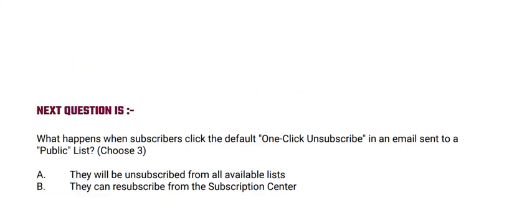Next question is, what happens when subscribers click the default one-click unsubscribe in an email sent to a public list? Choose three options. And the options are: option A, they will be unsubscribed from all available lists. Option B, they can resubscribe from the subscription center.